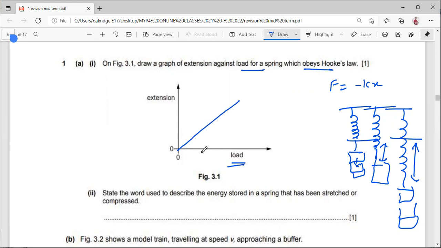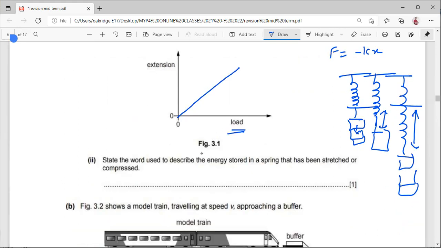Then state the word used to describe the energy stored in a spring that has been stretched or compressed. What is the energy stored in a spring? So how many energy storages are possible? One is the potential energy, the other one is the kinetic energy. What is kinetic energy? When an object is in motion, then it is kinetic energy.